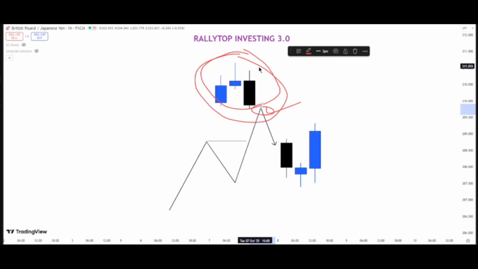Now, let me tell you the rules of this 3 candle pattern that you need to find if you are going to be taking a counter trend trade in a bullish structure. The same thing applies to a bearish structure. Everything I'm telling you about this bullish structure, you just invert it, and then you have the exact same thing when we're talking about the bearish structure.